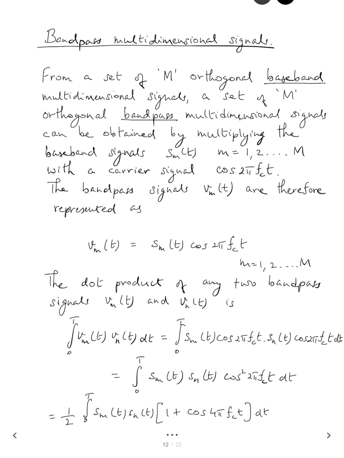Okay, we will see that, and then we will see one simple method of creating orthogonal multidimensional waveforms by having orthogonality in the frequency domain rather than in the time domain. Okay, we'll talk about all those details in this session.